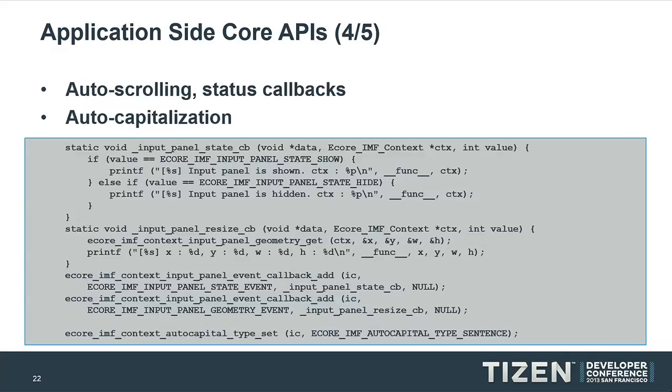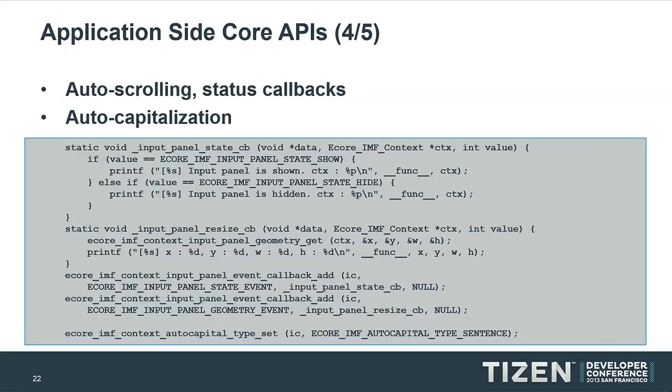And we can just register callback functions for controlling auto-scrolling and status changes. Whenever there is a change in the software keyboard geometry information, it'll just be notified. We also have an auto capitalization feature, which capitalizes the very first character of a sentence.